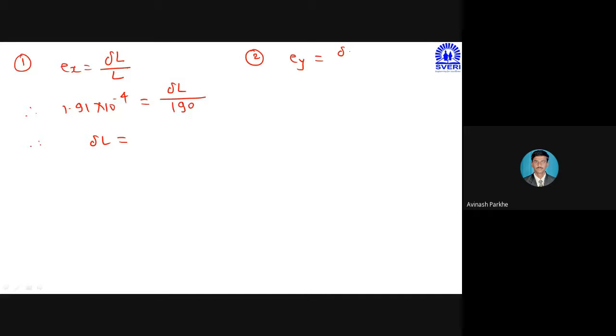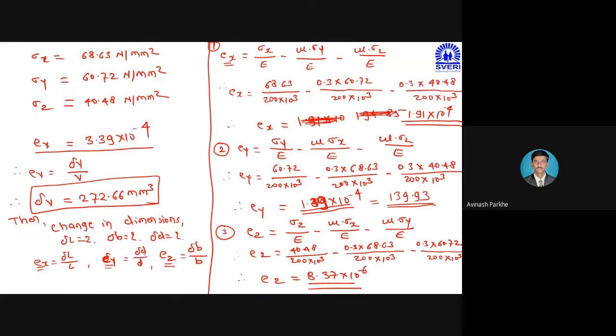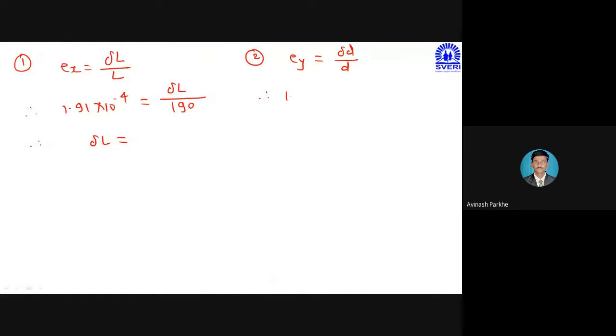Then epsilon y is equal to delta D upon D. Epsilon y we have calculated, how much? Epsilon y is equal to 1.39 into 10 raised to minus 4, equal to delta D upon depth, which is given 65.